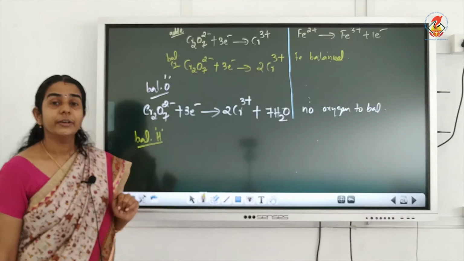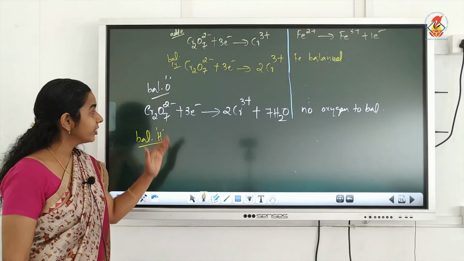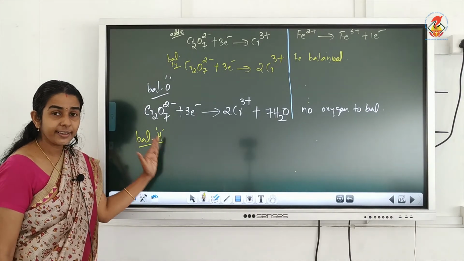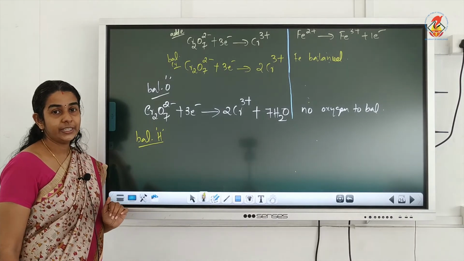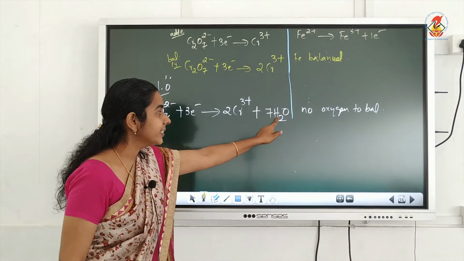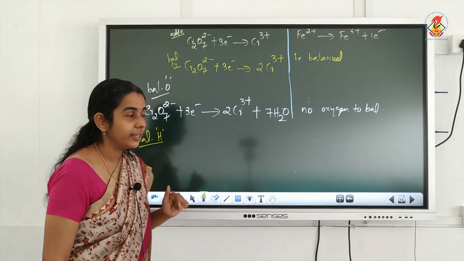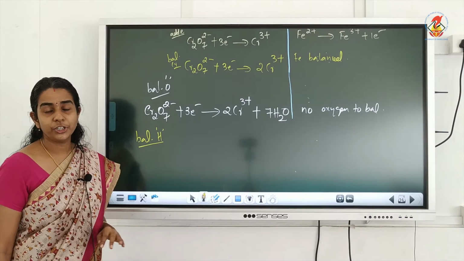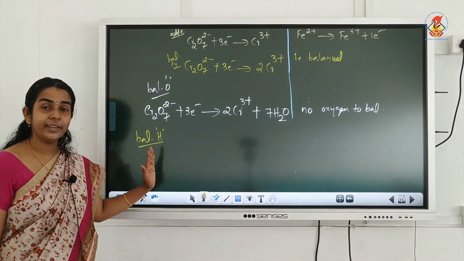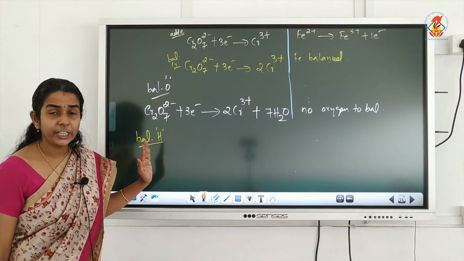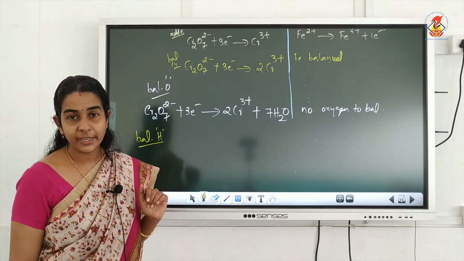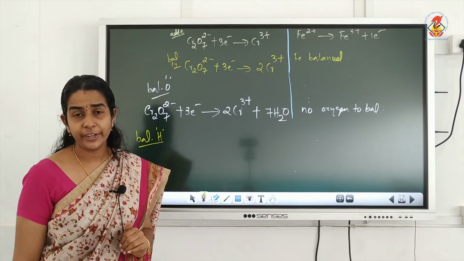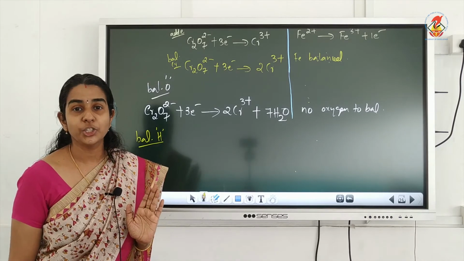So where do we have a deficiency of hydrogen? Yes, on the left hand side we have a deficiency of 14 hydrogen, isn't it? Right hand side we have 7 into 2, 14 hydrogen atoms. Left hand side no hydrogen atoms, means on the left hand side there is a shortage of 14 hydrogen. So how to balance hydrogen in acid medium? Where there is a shortage of hydrogen, add an equal number of H plus ions.